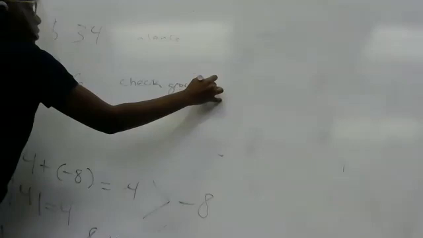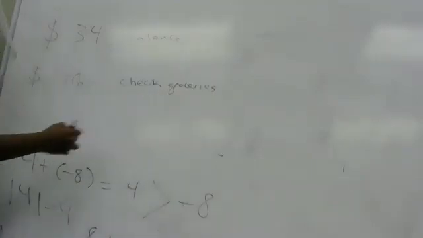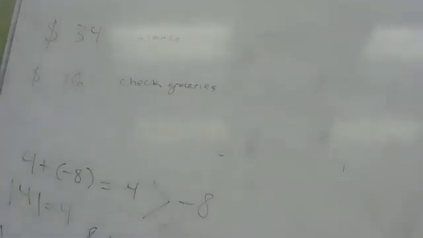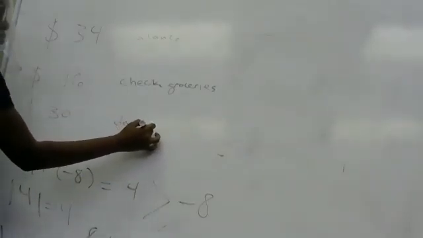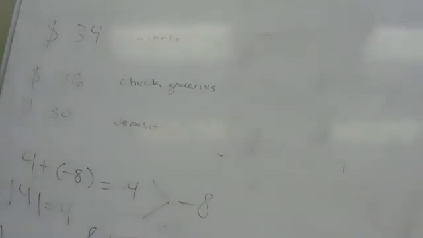This is for groceries. After you write that check for $76, you deposit $30 into your bank. You still don't have enough.